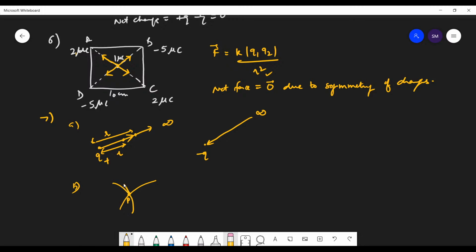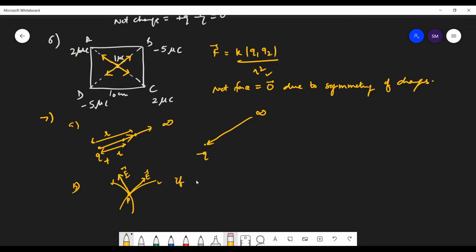One student will draw a tangent at this point, and that's the direction of the electric field due to this curve. But I also want to draw the tangent of this curve. So this is the electric field at point P due to this curve, which is not possible. It is absurd. So if the two lines intersect, there will be two tangents.